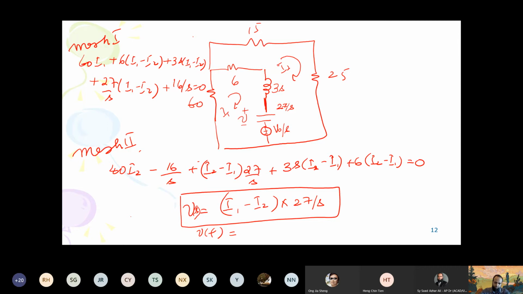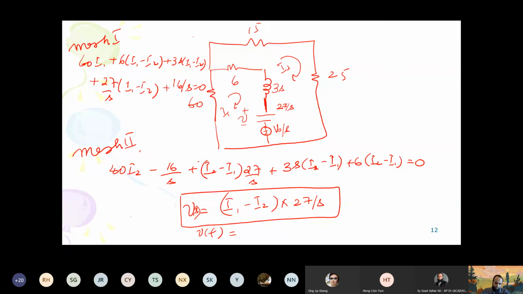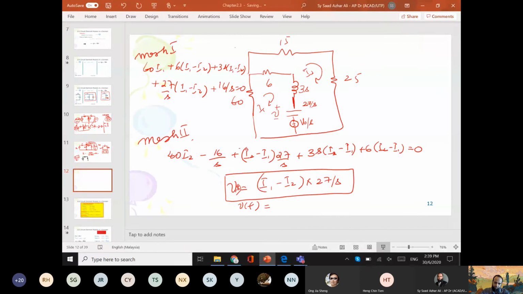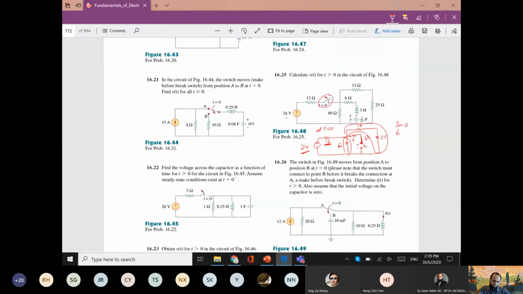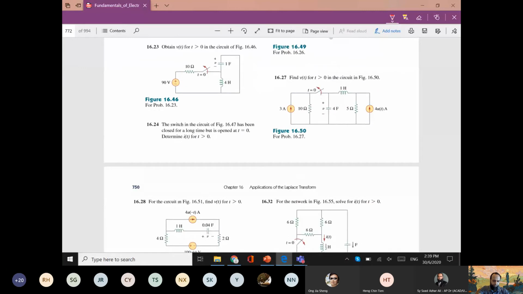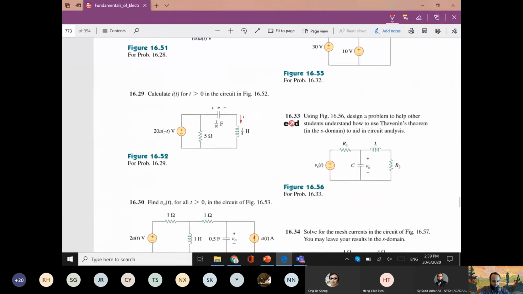Where is it? It's here. Okay, this one maybe.